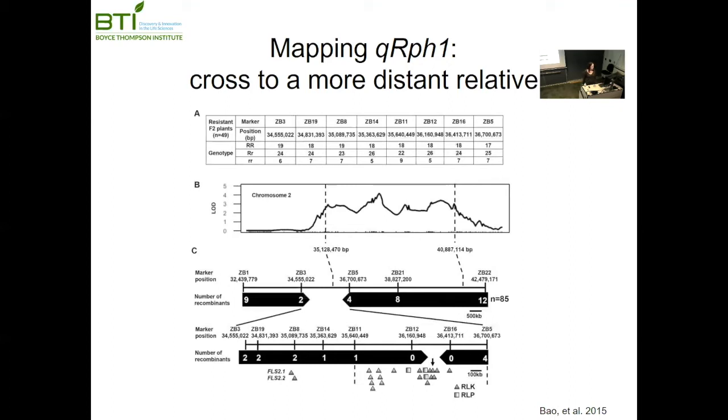We went on, similar to Sarah's project, to design some markers. We used the Habrochytes sequence that we had from the resequencing, because there isn't a Habrochytes genome like there is for Heinz. We developed some markers based on his sequence, and then he was able to fine map to about a 1 megabase region on chromosome 2.